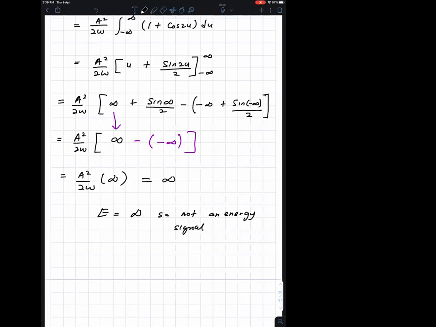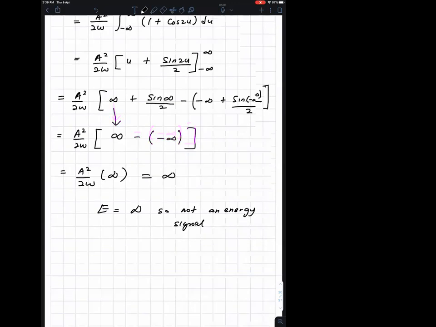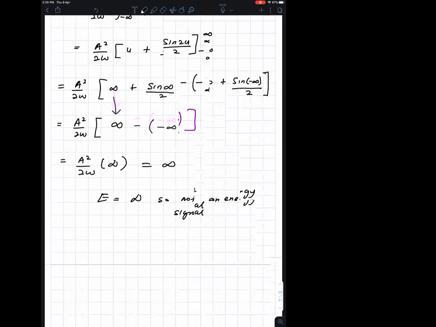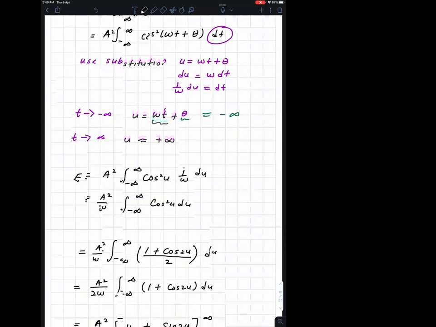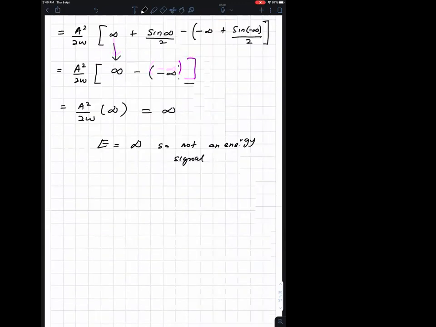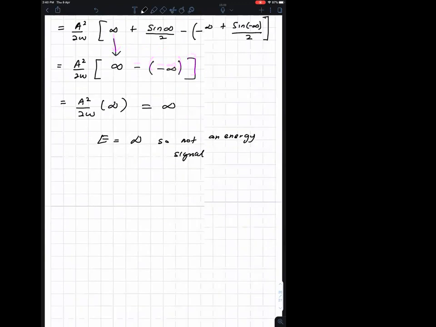If it's not an energy signal, let us check and see if it's a power signal. Any questions so far? These are all integrals. I know you can go home and check this out. If you still don't understand any steps, you can ask me.